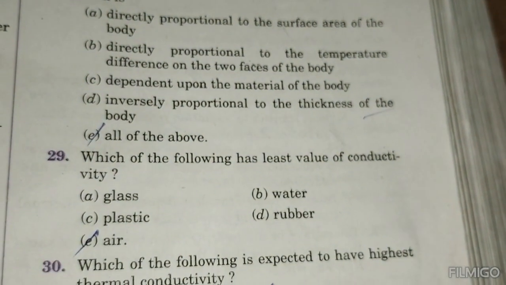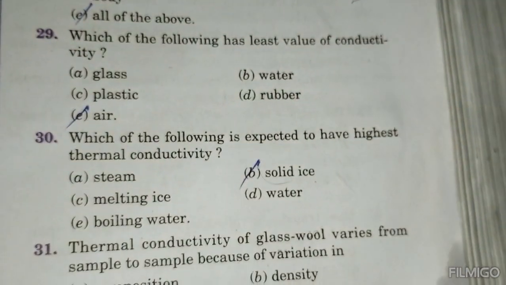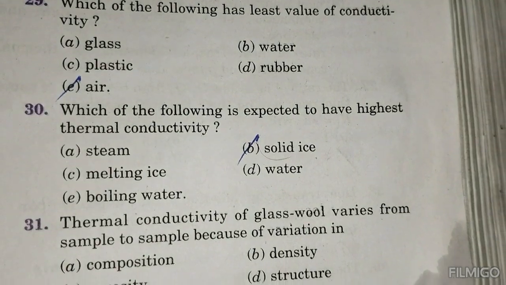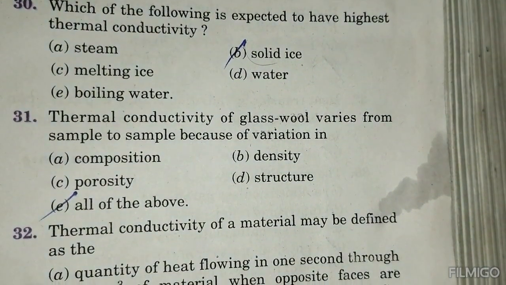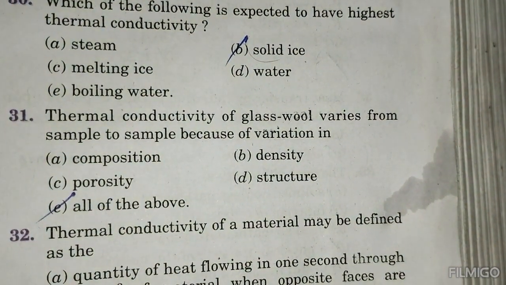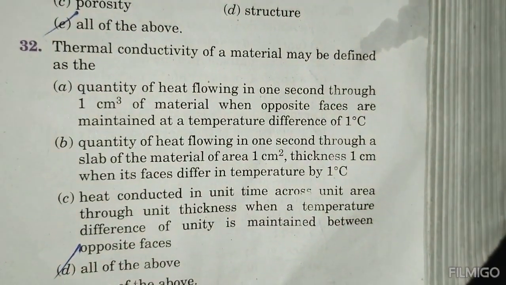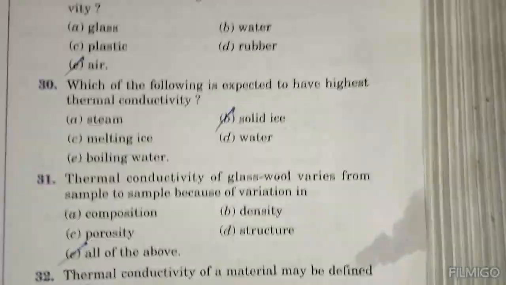Which of the following has the least value of conductivity? Air. Which is expected to have the highest thermal conductivity? Solid ice. Thermal conductivity of glass wool varies from sample to sample because of variation in all of the above. Thermal conductivity of a material may be defined as all of the above.